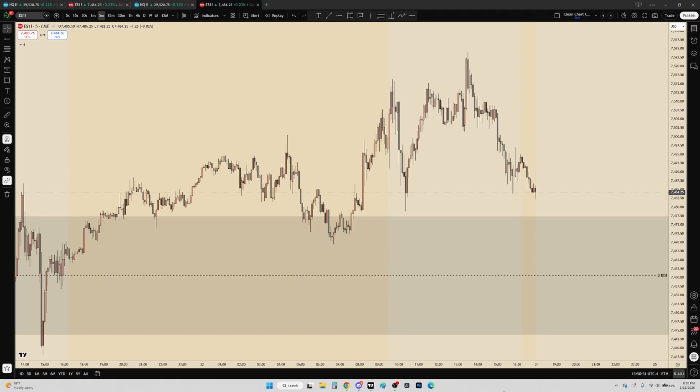So you can, but I would highly advise against it, especially if you don't know how to read price, because those trades are going to be short-lived or super risky, and they usually don't run as quickly and as far as trades that you would be taking in the same direction as the higher time frame order flow.